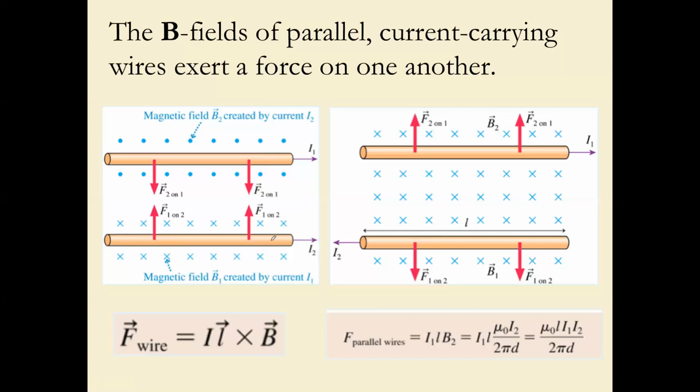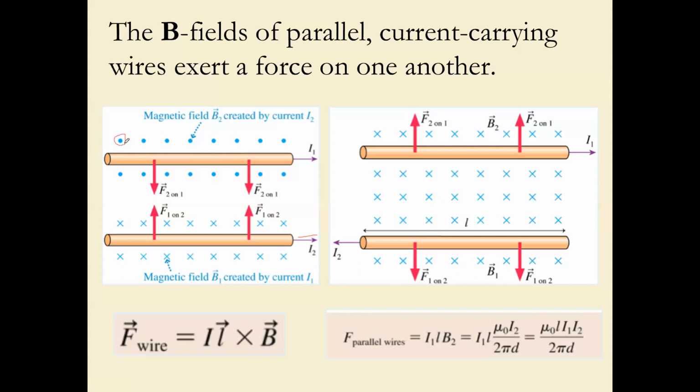What about the magnetic field created by current 2, the second wire? Put your thumb in the direction of I2 and curl your fingers around the wire, and you will see that at this point where wire 1 is located, the magnetic field is pointing out of the page.